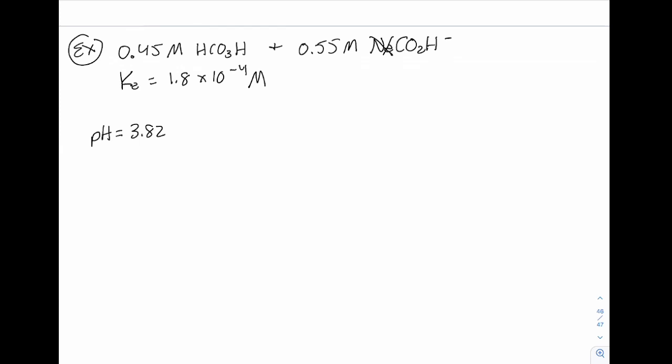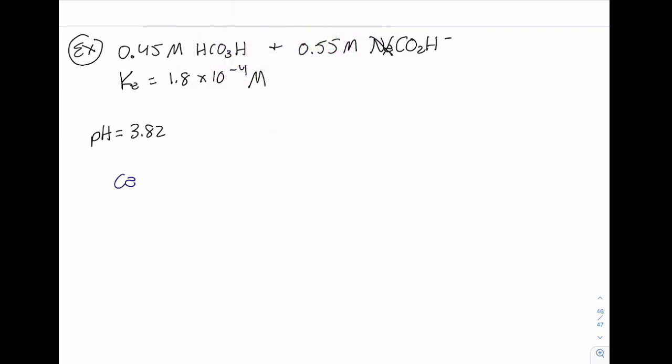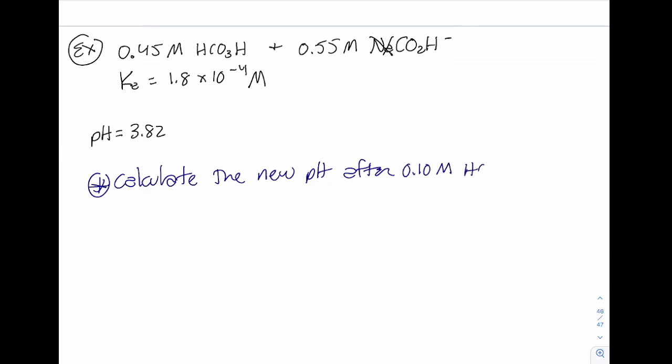So what I want to do now is we're going to calculate the new pH after 0.10 molar hydrochloric acid is added.